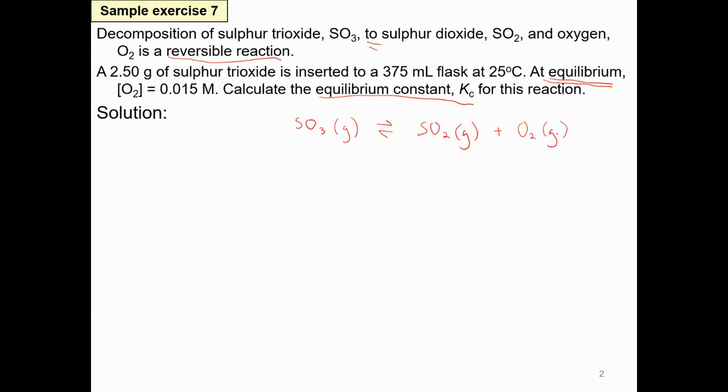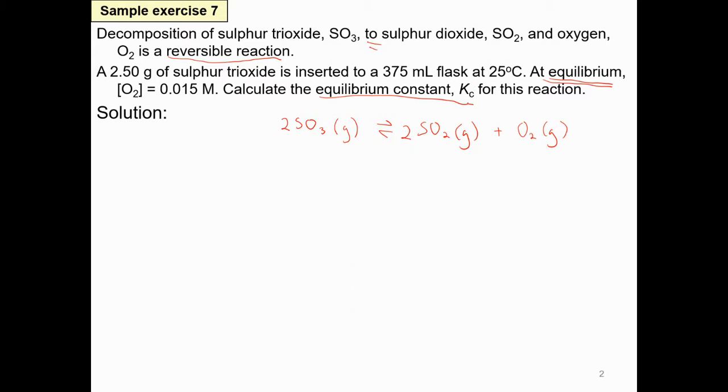Next, we check whether the reversible reaction equation is balanced or not. So what we do is we just need to multiply by 2 to make it a balanced reversible reaction equation.